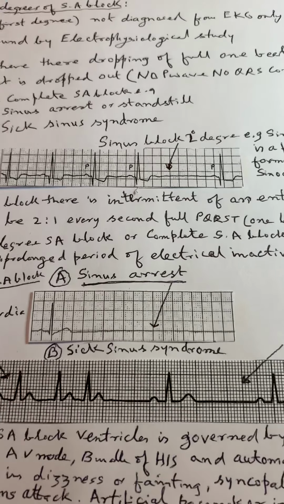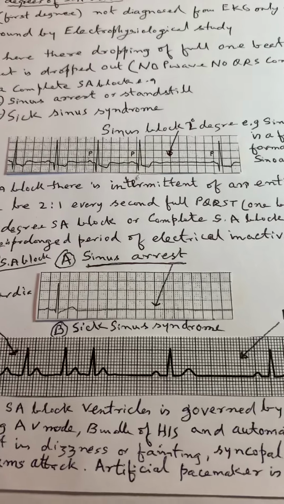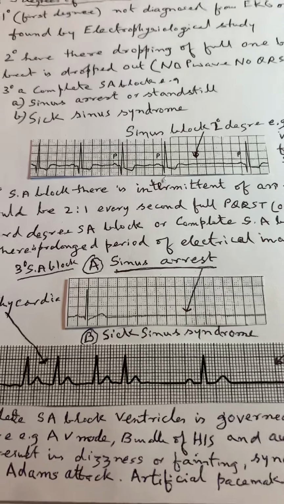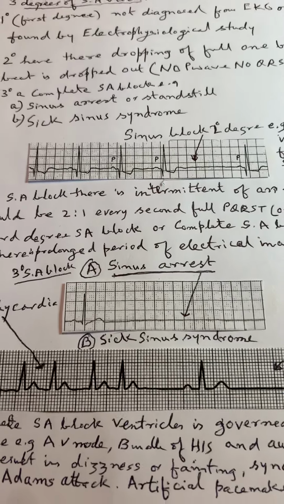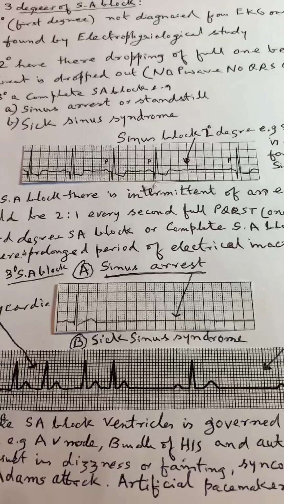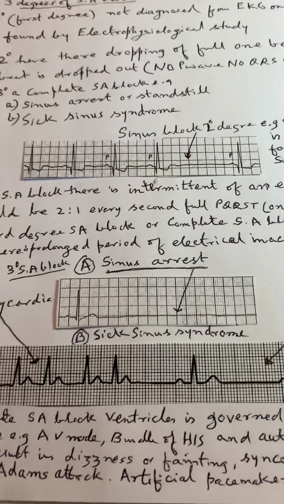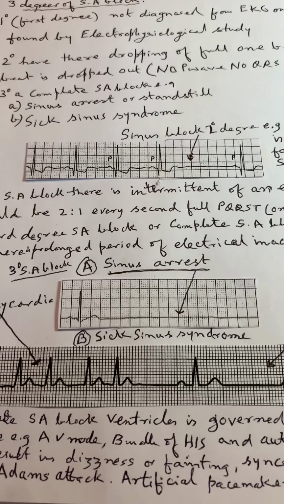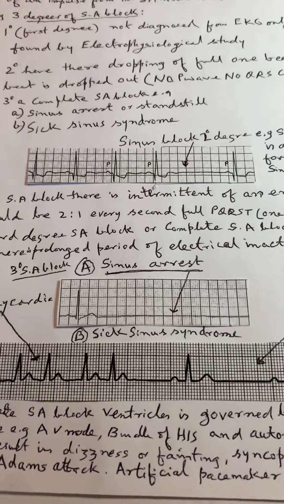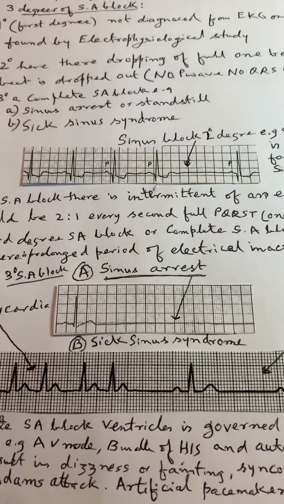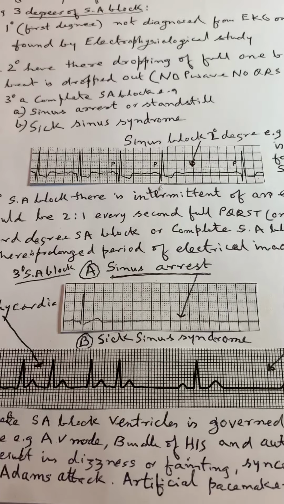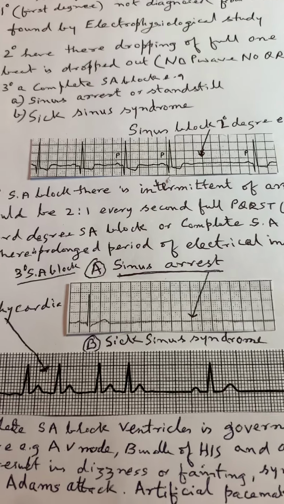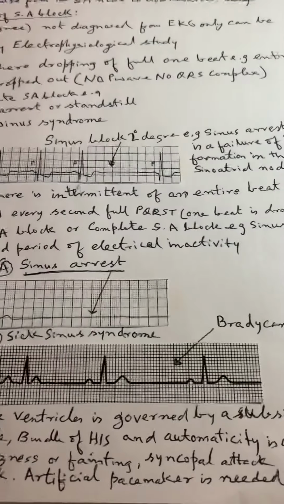Sometimes there is only bradycardia, the heart is slow only. Sometimes you may find an associated atrial fibrillation. So many permutations and combinations you can find in sick sinus syndrome. Sick sinus syndrome is an example of complete SA block.